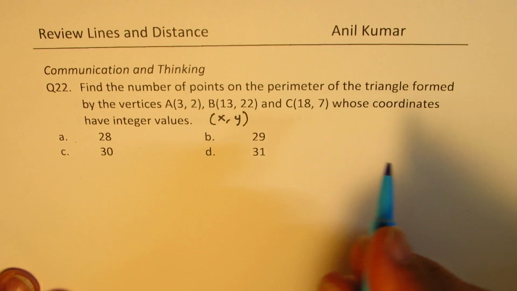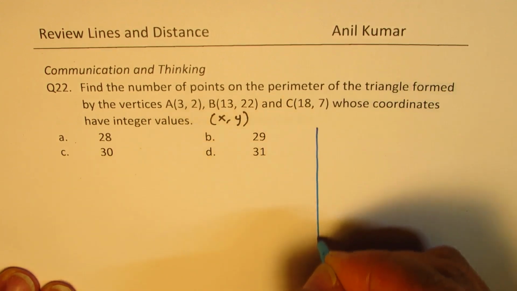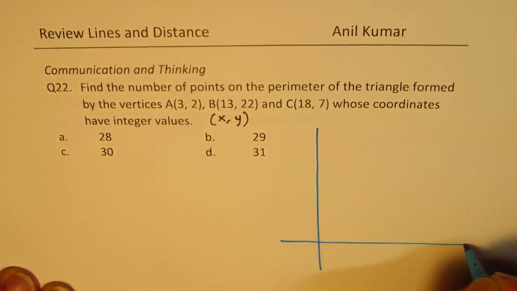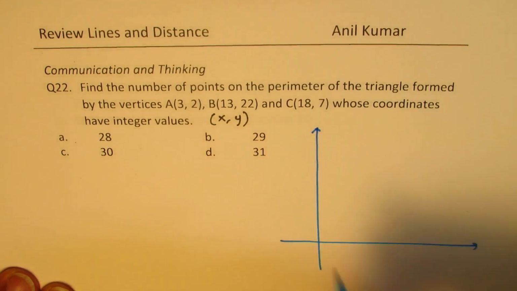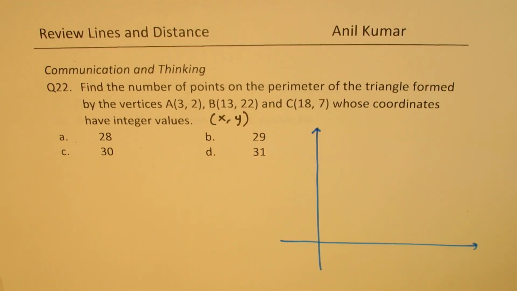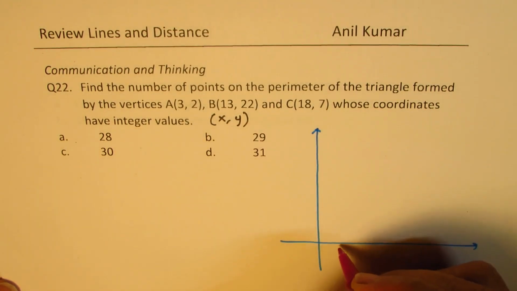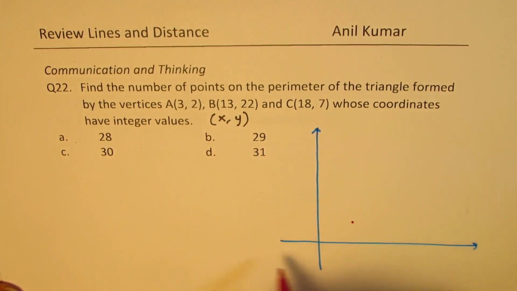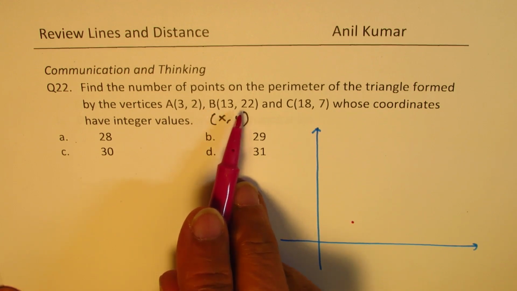We are given 3 points and all of them are positive, so we are working in quadrant 1 basically. So I'm sketching a bigger diagram here. One of the points is 3, 2. Then we have 13, 22.